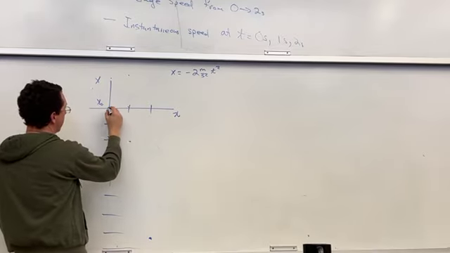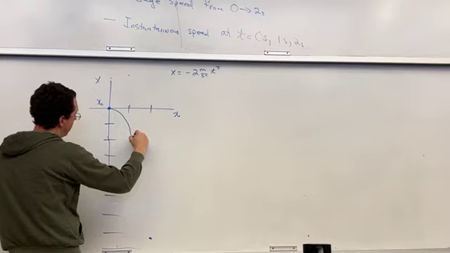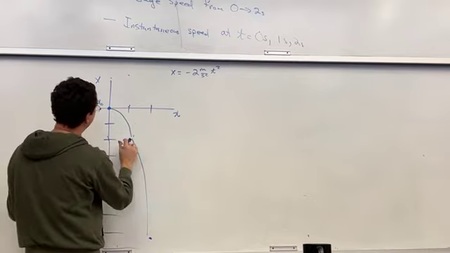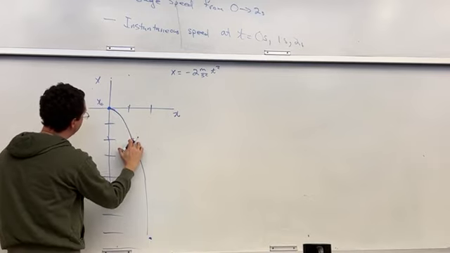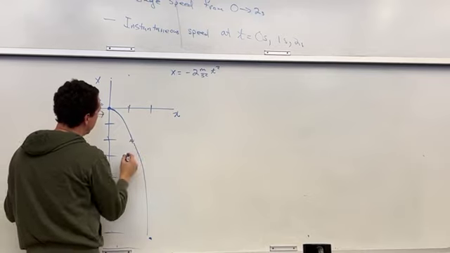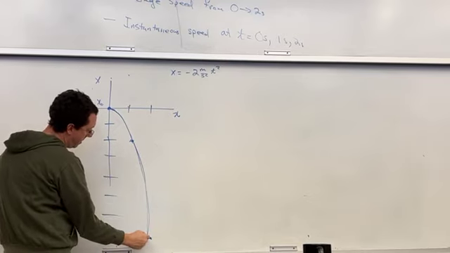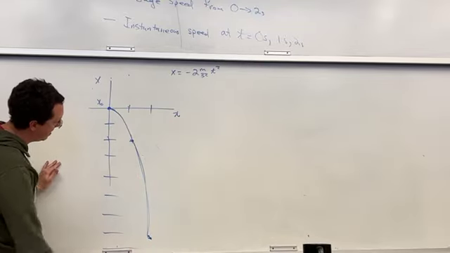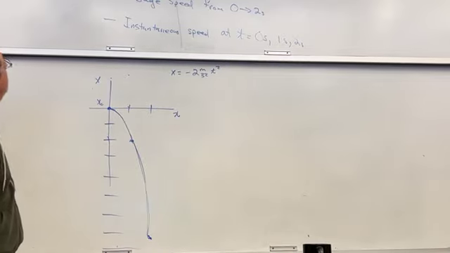So it should be flat and go down. I'll just move my point over. I can cheat. And then we get down to here. Okay, so it's a parabola. It should look something like that. Sorry for the art. Okay, so that's my sketch.